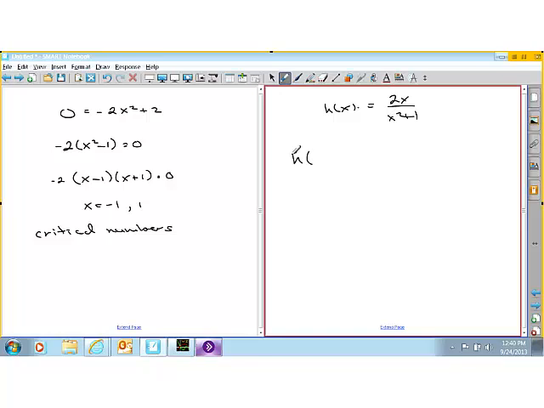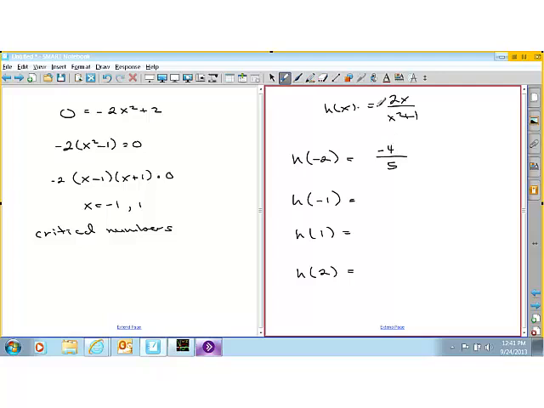So we want to do the function at the left part of the interval, one critical number, the other critical number, and the right. So now we just plug this in. So we'll get negative 2 over 5. Negative 2 squared is 4. 4 plus 1 is 5. H of negative 1 will get, oh, that's not right. It's 4/5.